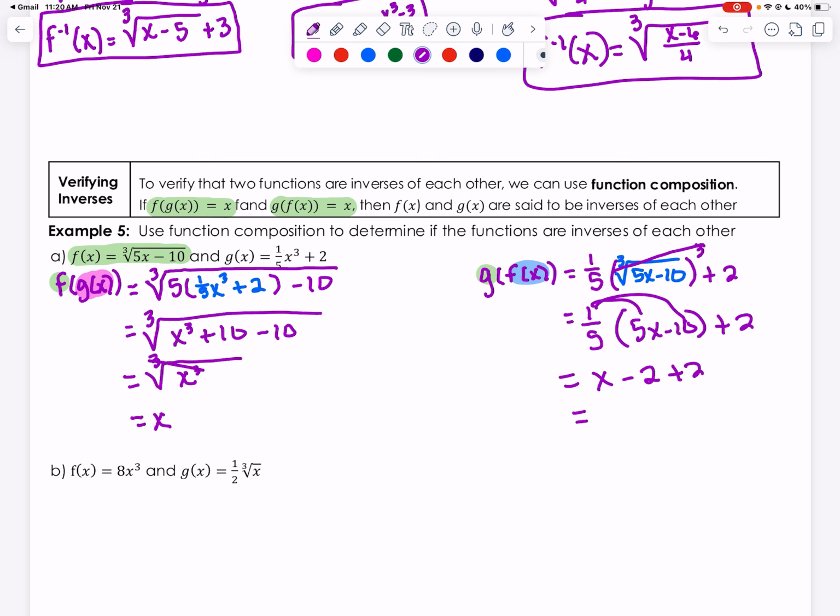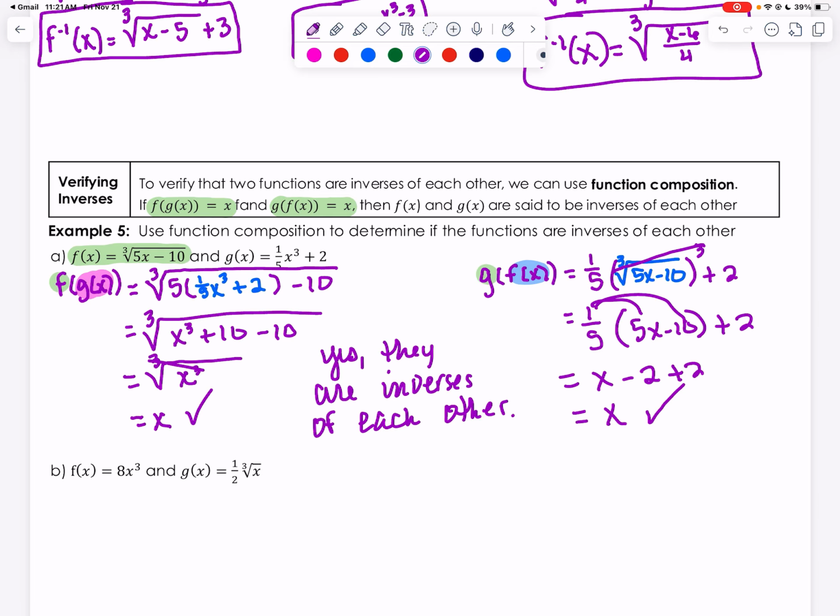Now the negative 2 plus 2 is 0, so that leaves me x. So if you get an x here and an x here, yes, they are inverses of each other.